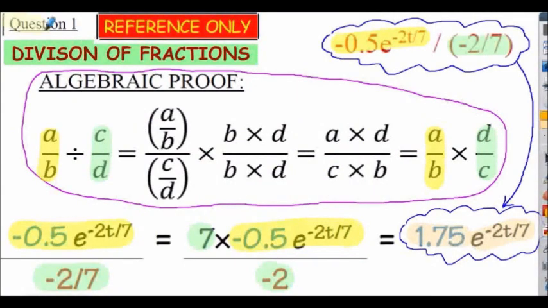And question 1, solution continued. Again, purely for reference, showing our division of fractions process, we have negative 0.5 multiplied by e to the negative 2t divided by 7, and we're dividing that by negative 2 divided by 7. The fractions process here shows how we end up with 1.75 multiplied by the e to the negative 2t upon 7.